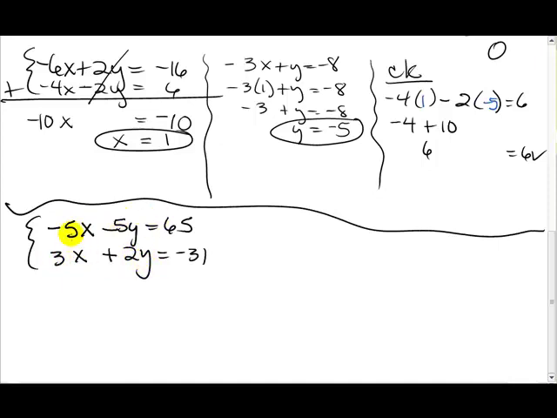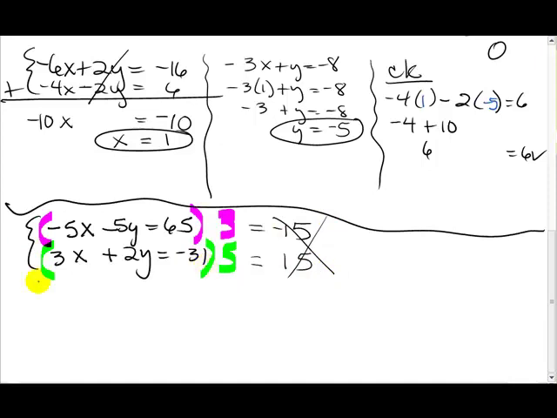Nothing times 3 will give me a 5 or times 2. So what I'm going to do is manipulate both equations. On the top, I'm going to multiply by 3. I've got a negative, so a negative 5 times 3 would give me a negative 15. And if I multiply the bottom times 5, then that would give me a positive 15 here in the x position, and they would cancel. So that's why I'm choosing those numbers.